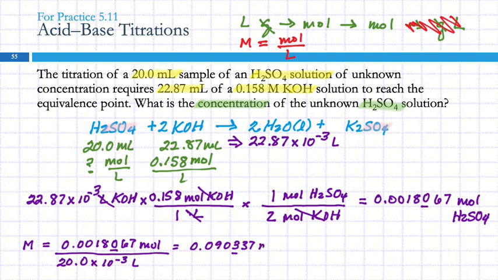So, moles per liter. And so I'm going to round that to 3 significant figures. And I can write the units as moles per liter, or I can say 0.903 capital M. And that's the concentration.